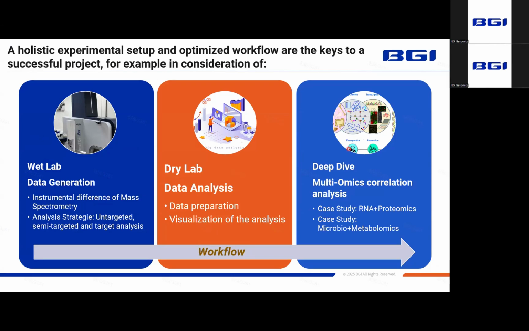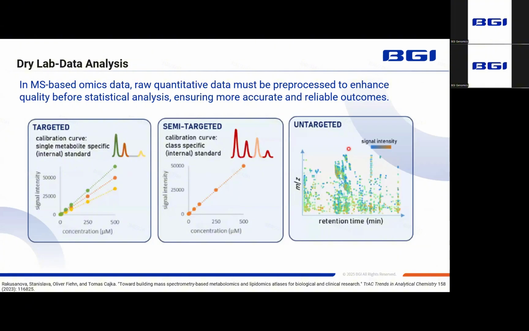In MS-based omics data, raw quantitative data must be pre-processed to enhance quality before statistical analysis, ensuring more accurate and reliable outcomes. For targeted or semi-targeted analysis, a normalization step for the calibration curve is needed and then the concentration is calculated.